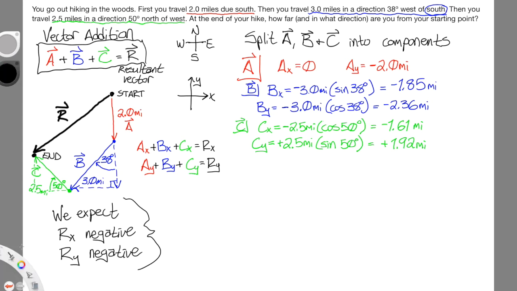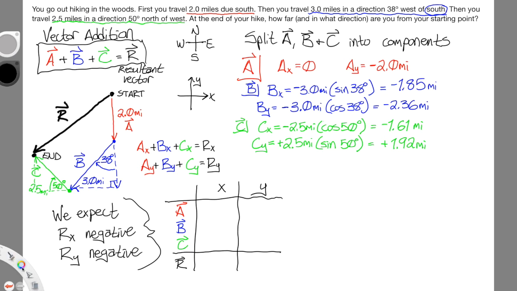So we have a helpful way we can keep track of this with a little table where we make our x and our y directions on that table. And we want to add up vectors A, B, and C. And once you add all of those together, that gives us our resultant vector R. So now we just need to fill in this table.